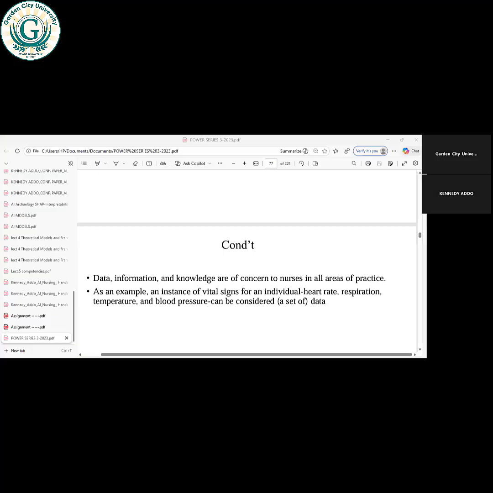So look for more examples. You can look at hypertension. You can look at somebody's sugar level. Contextualize it by giving meaning, and then you also formalize it through the application of the knowledge that you have. So that is what I mean by data, information, and knowledge, or the relationship between data, information, and knowledge.